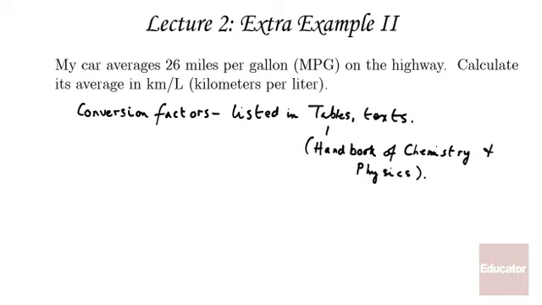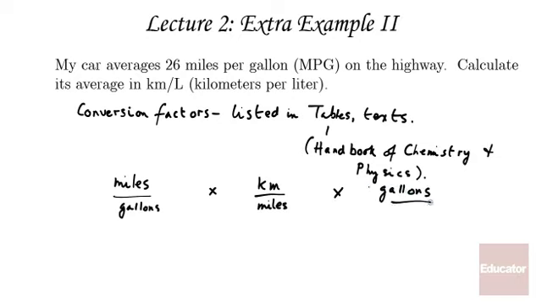Now let's just look at the problem in its fundamentals. We have miles divided by gallons. We want to get kilometers, so obviously we need a factor that will give us kilometers per mile, and we want to get it per liter, so we need a factor that gives us gallons per liter.